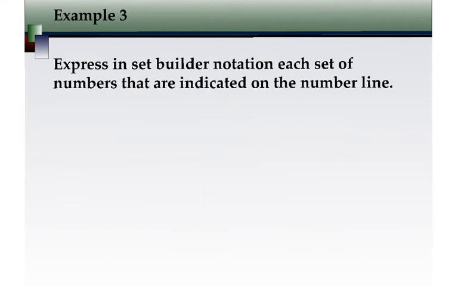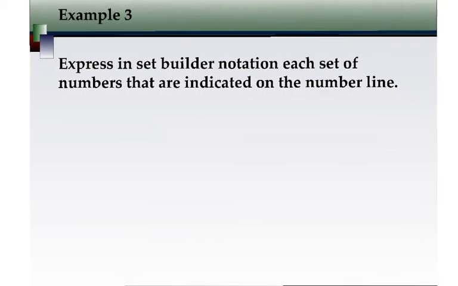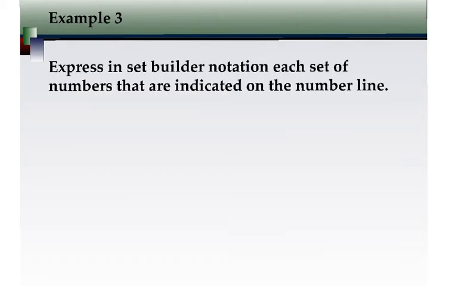Last example. All right, sorry, at the top here, it's supposed to say this is example number 4. And we're asked to express in set builder notation each set of numbers that are indicated on the number line. Well, let me give you a number line.